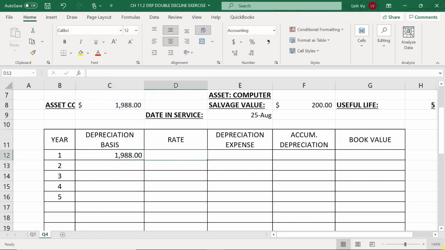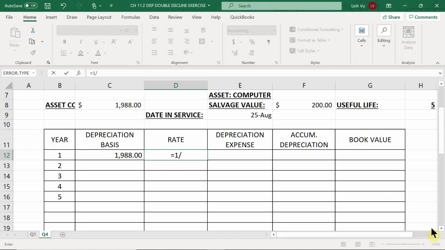So in this case, what is going to be my rate? 40%.